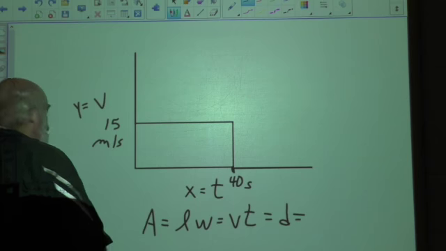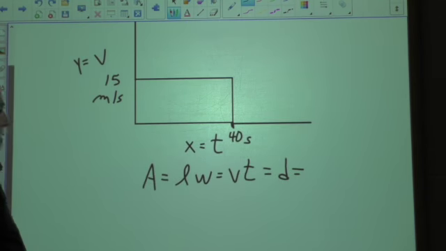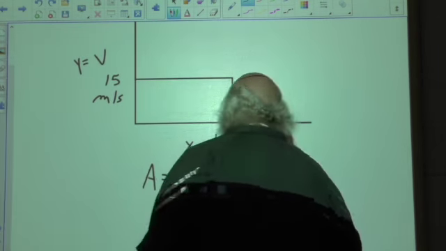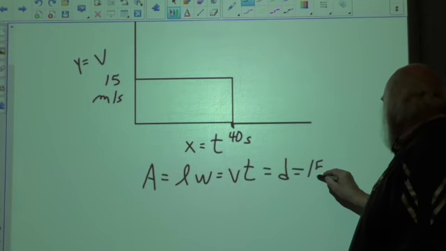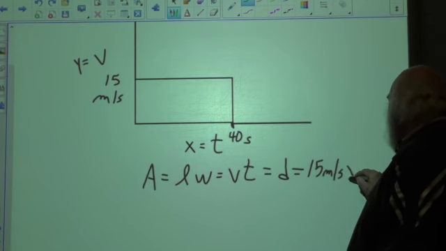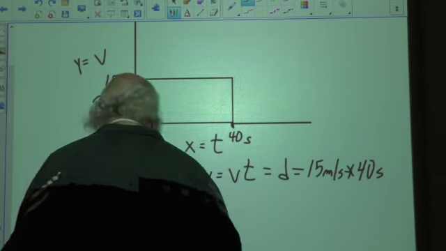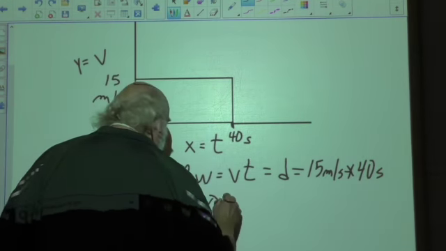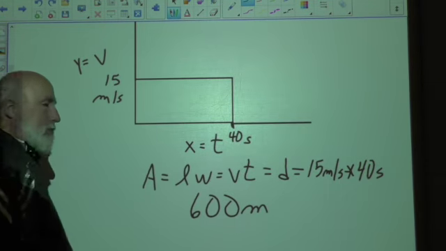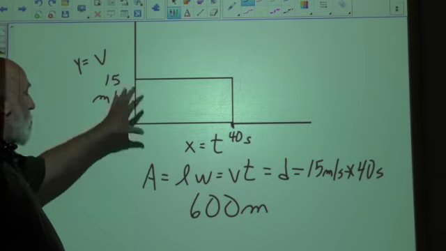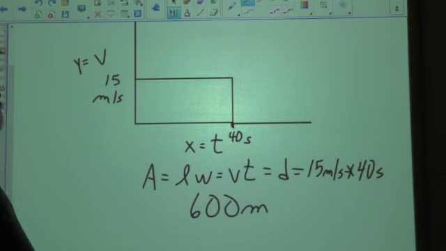So, as we would suspect, this is going to be 15 meters per second times 40 seconds. So my answer is going to be 600 meters. Pretty simple, but there's the graphical analysis of it right there.